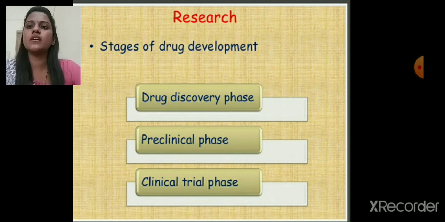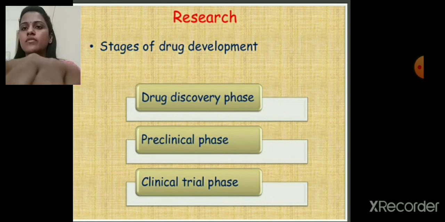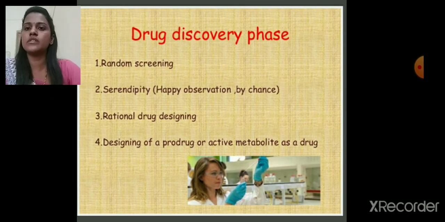Next is the preclinical study of that discovered drug, which is also called an animal study. Then next is the clinical trial phase, means the actual human study, where the drug is tested on humans.